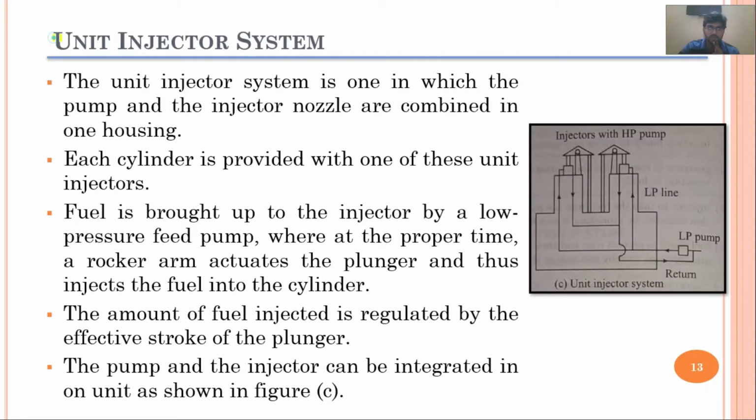Then we studied the second configuration, which is the unit injector system, and in this type of arrangement, pump and the injector are placed in a single housing near each cylinder, as shown in the figure schematic C.